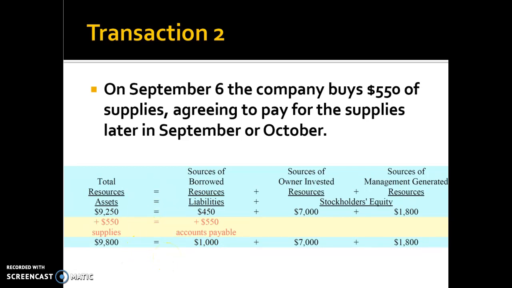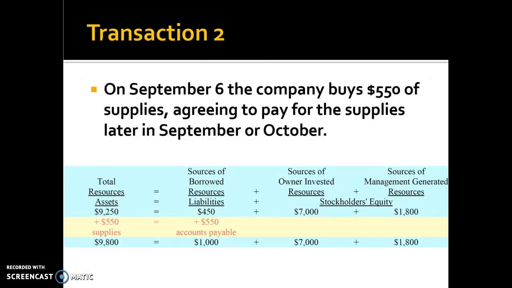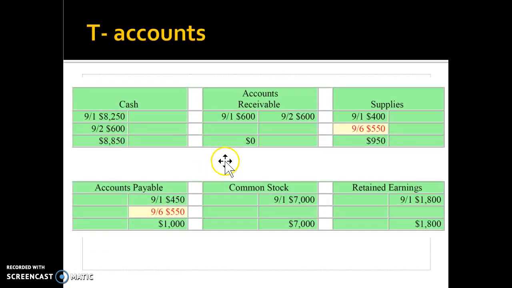Now again, going to the T accounts, we look at the set of T accounts we have. We go for the supplies and accounts payable as we just wrote down. So think about the supplies account. Supplies is an asset account. Asset account increases with a debit. So we would debit supplies 550. Now we need to have a credit, right? When we have a debit, we need to have a credit.